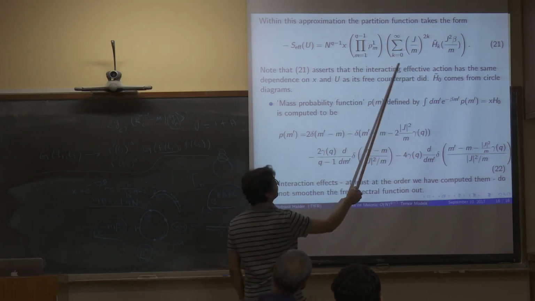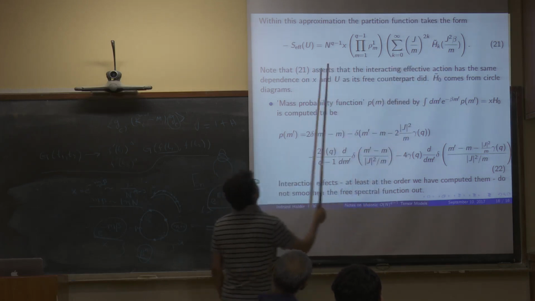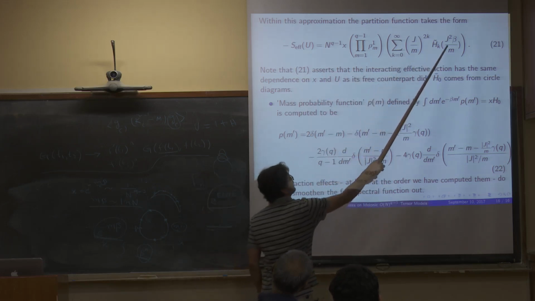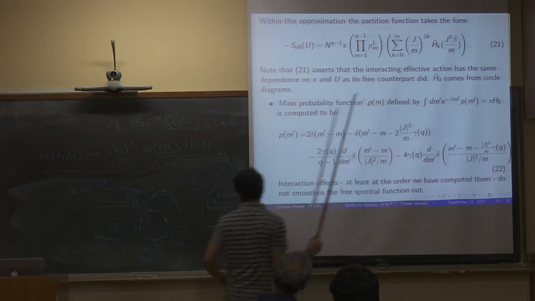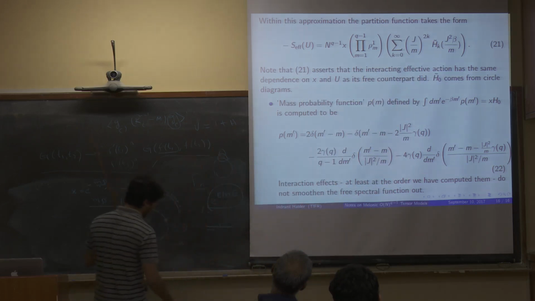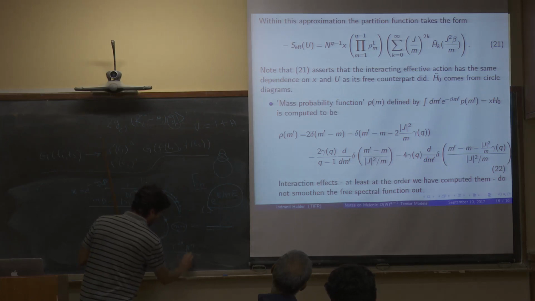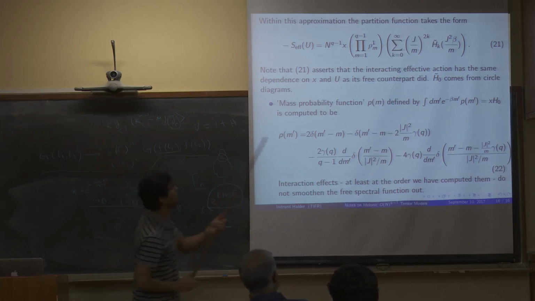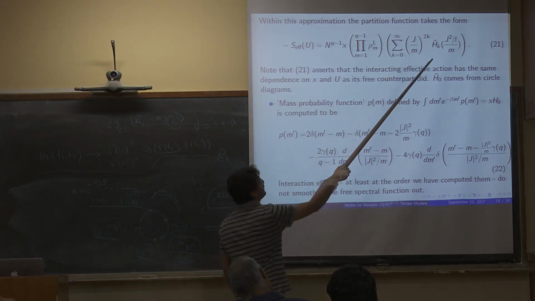We are rewriting the free energy in this particular form, because j square beta by m is the quantity that appears in circle diagrams. So all the circle diagrams have this kind of contributions. With n melons it is like this.